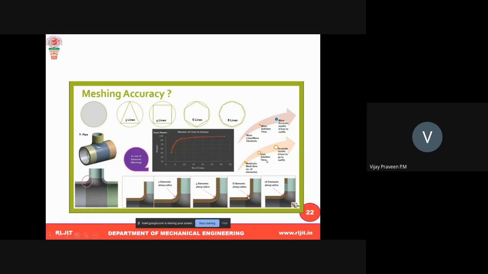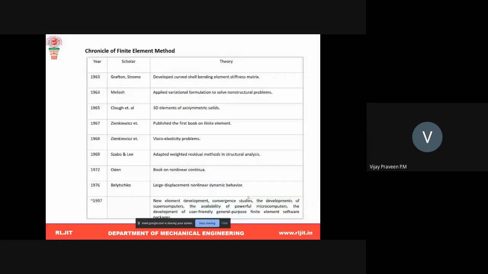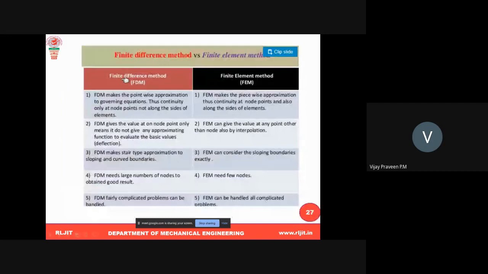The more accurately it is captured, obviously the results are more accurate. That's why the FEM method gives more accurate results, and FDM needs a large number of nodes to get a good result. But in the finite element method, with a few nodes itself you can get the exact result, because it divides into pieces, while this divides into a number of nodes. That is the main difference.